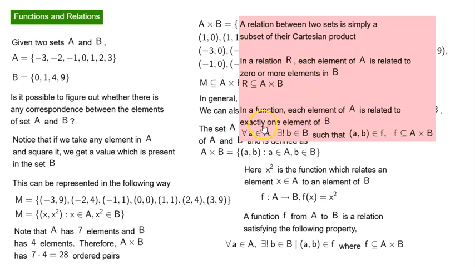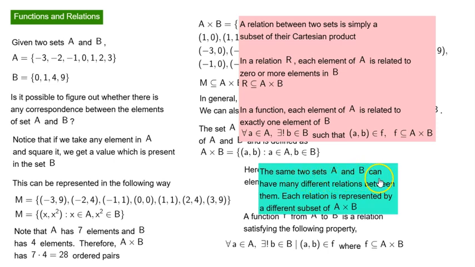In case of a function, exactly one element of B. So we have for all a in A, there exists a unique b in B such that the ordered pair (a, b) is in f and f is a subset of A times B.